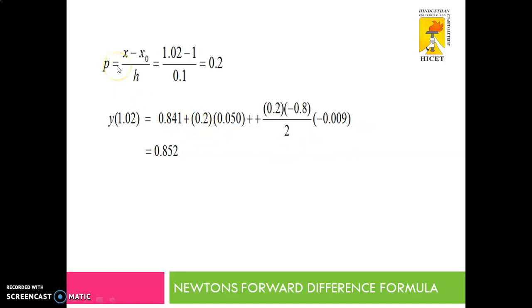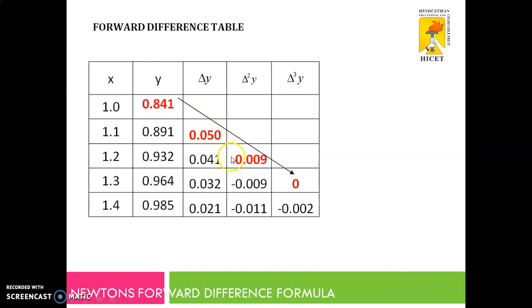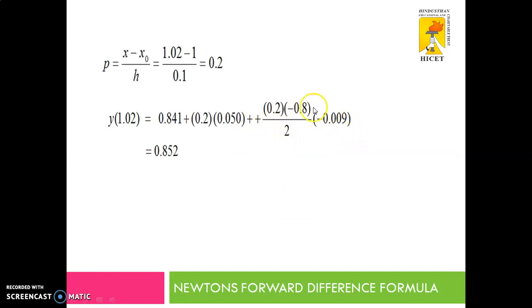P is x minus x naught divided by h, where x is our unknown value, which is 1.02, x naught is the starting value, which is 1, and h is the difference between the values of x, which is 0.1. So p is 0.2. Delta y naught is 0.050, delta square y naught is 0.009, and so on. When you calculate, you will get the value 0.852.